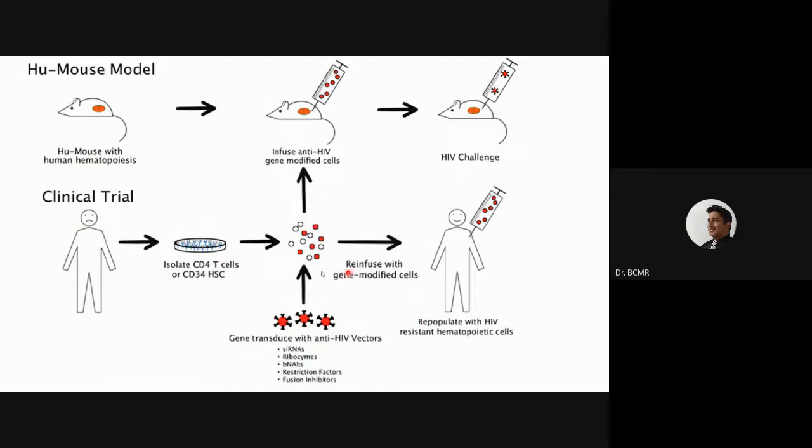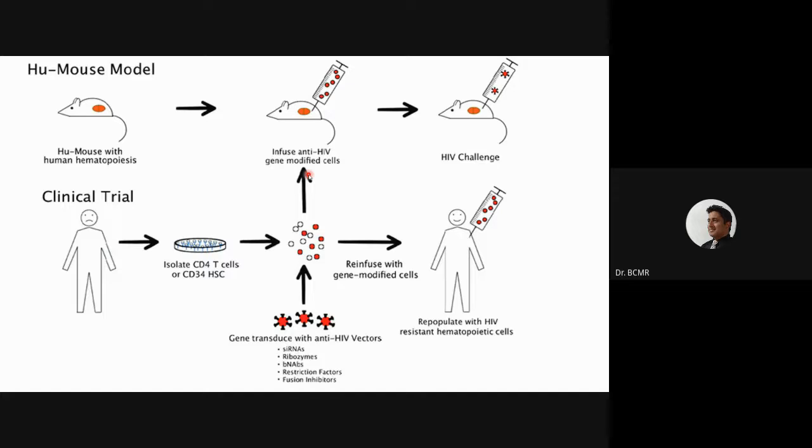Here is a mouse model for trying to find cures against HIV. Take humanized mice, and then we can use anti-HIV gene-modified cells. Say, for example, CD4 is the receptor through which HIV enters the cell and then destroys those lymphocytes.